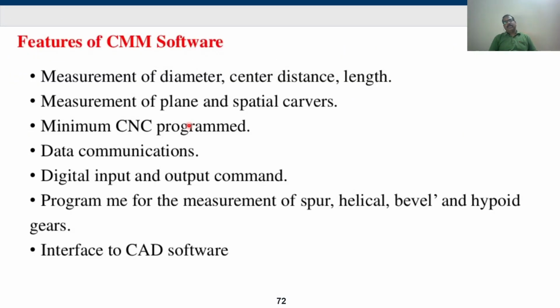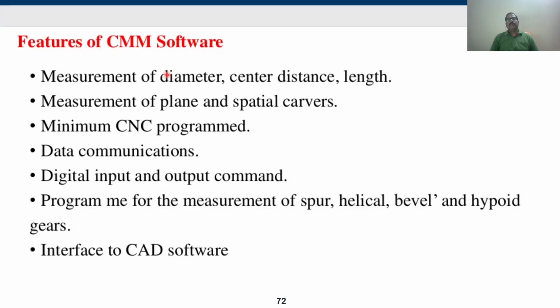Since I said there is inbuilt software that comes with each and every CMM machine, in the initial period it was for a particular requirement only. Nowadays they are upgrading or outsourcing with some other software and integrating. So what are all the features available in the software? It can measure dimensional parameters like diameter, center distance, length, or which plane.